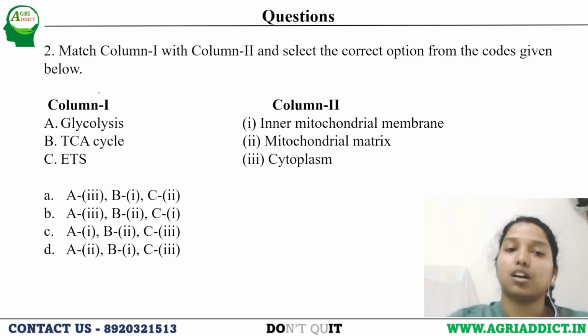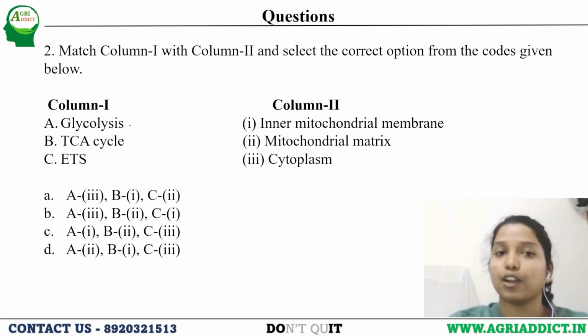Now comes match column 1 and column 2 and select the correct option from the codes given below. Here is column 1 and here is column 2: glycolysis, TCA cycle and ETS. Here we have to match where it is occurring. The site of glycolysis is the cytoplasm.